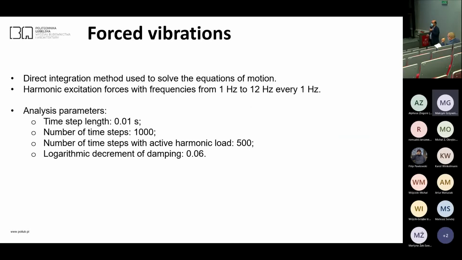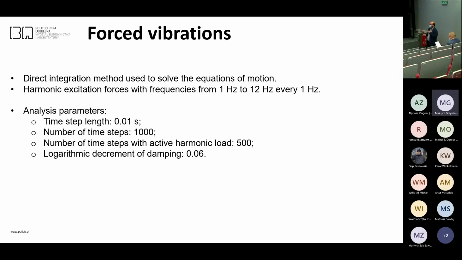Here are some other parameters. We have used direct integration to find the results. The frequencies were ranging from 1 Hertz to 12 Hertz. I have decided on every 1 Hertz, so there were 12 cases in each analysis.